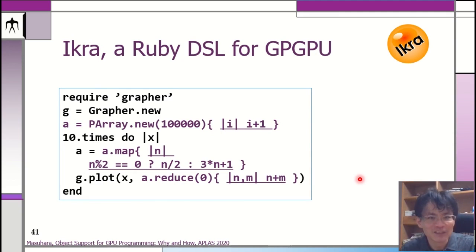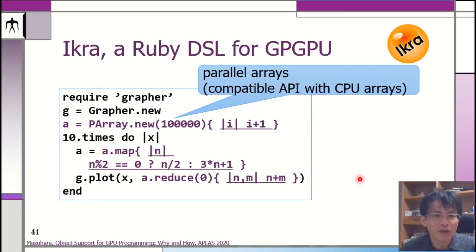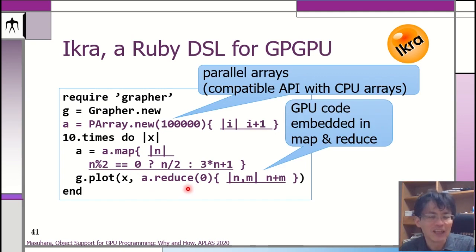ICRA is a Ruby DSL for GPGPU. And this is an example program which is almost compatible with standard Ruby, except for one class, PRA here, which designates that this array should be allocated on GPUs, and the map and reduce computation for this array shall be performed on GPUs.